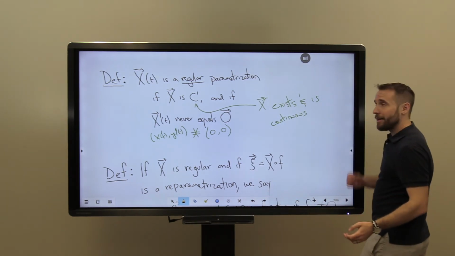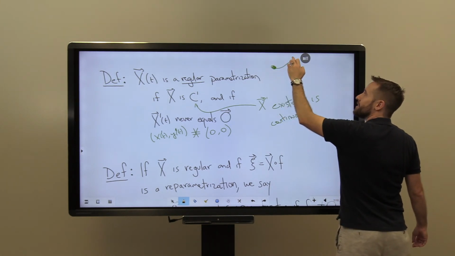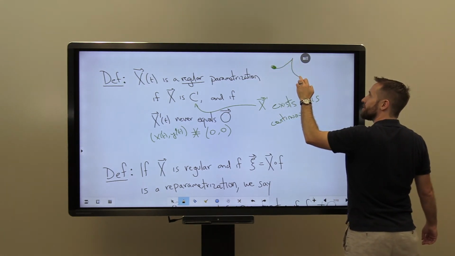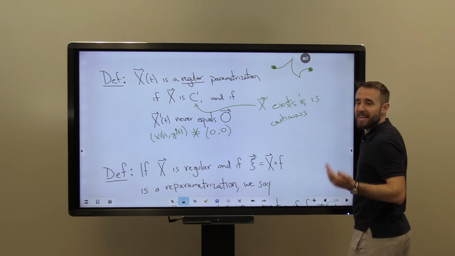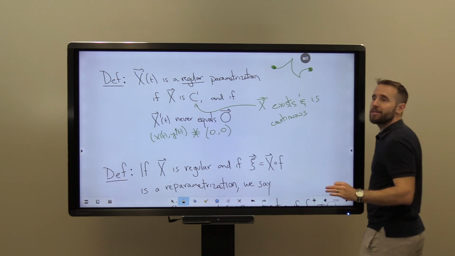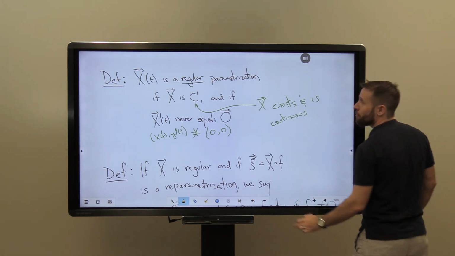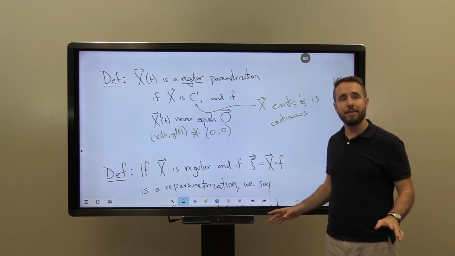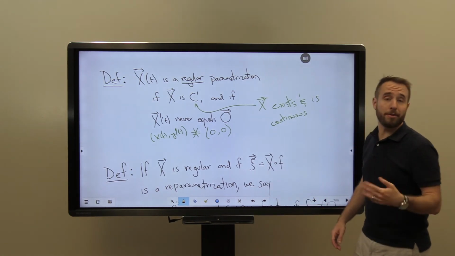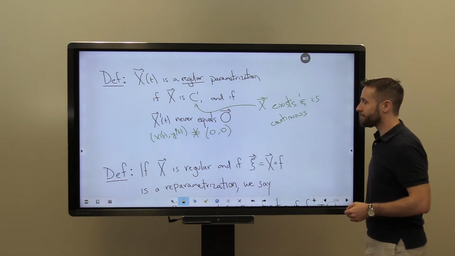Similarly, we might be worried that our curve has some sort of sharp point or a cusp that could make our x prime not exist. If our parameterization is regular, this cannot happen. So having a regular parameterization just means that our parameterization is nice and the underlying curve is nice in a lot of ways.